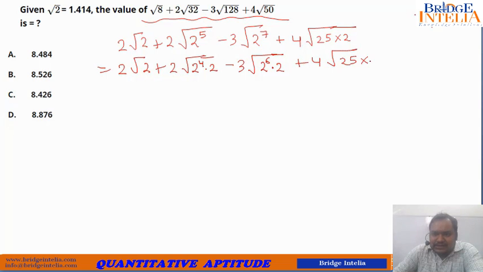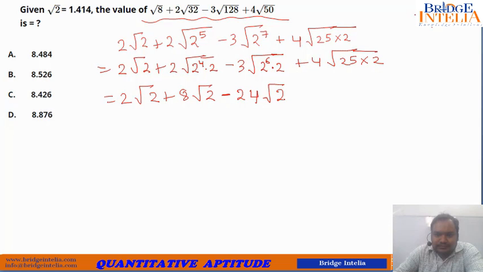So basically what you have been asked to calculate is this: 2 root 2 plus 2 square 4, that is 8 root 2, minus 8 into 3, that is 24 root 2, plus 5 will come out, 20 root 2.